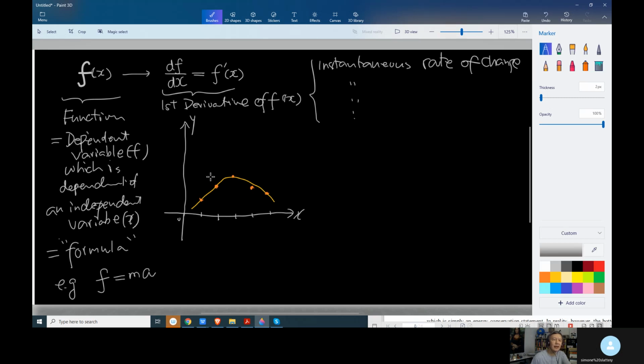Obviously, if x doesn't change, it will give you a horizontal line. Well, that is a special case. For example, if I draw another function like this, you see that? That could happen. For example, if you go to any car park, you see a car there, then you just count the time.